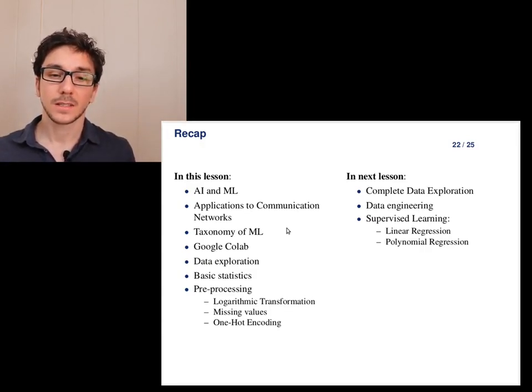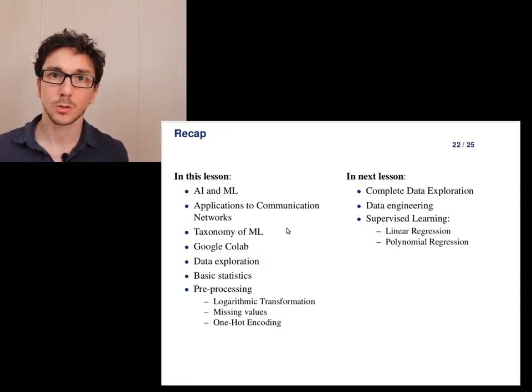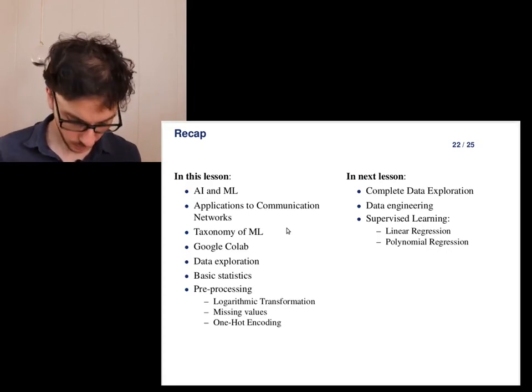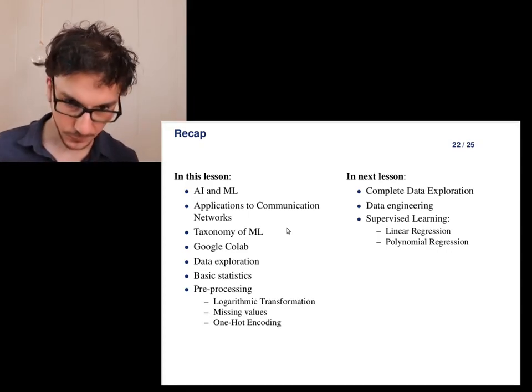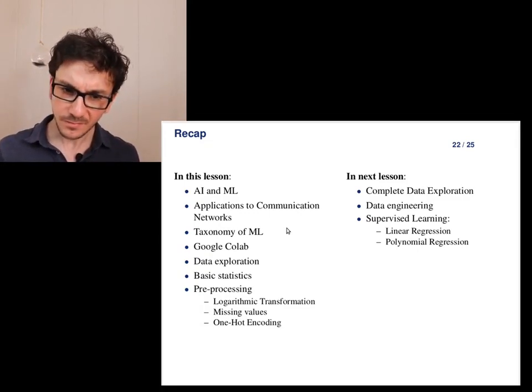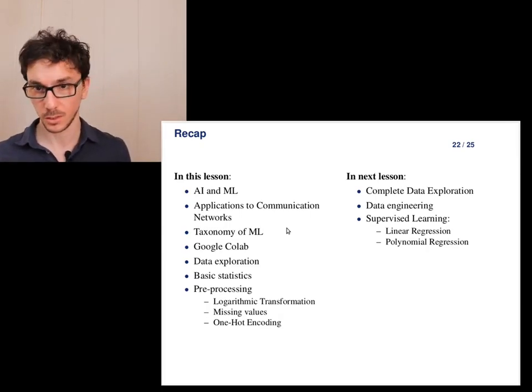And we have done some pre-processing on our datasets. We have applied the logarithmic transformation to uncover the hidden dependence between features. We have learned how to deal with missing values and with categorical features by using one-hot encoding.